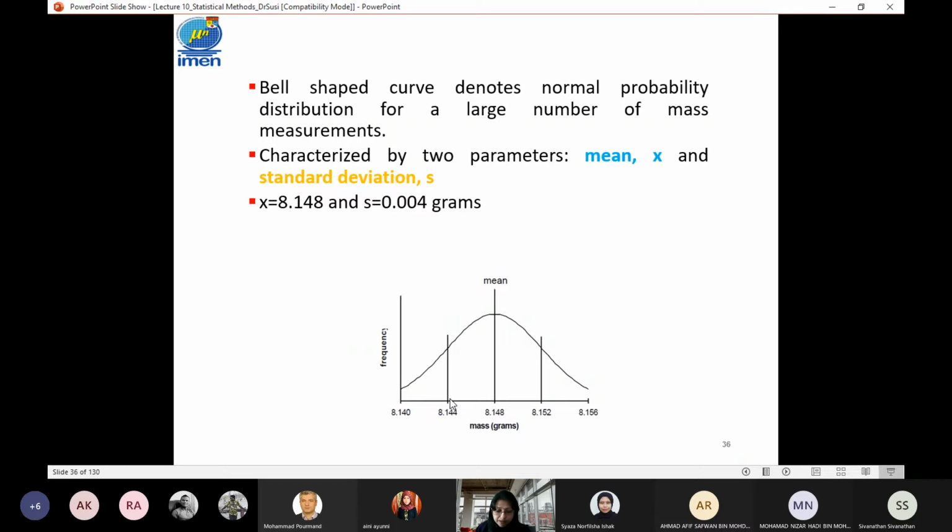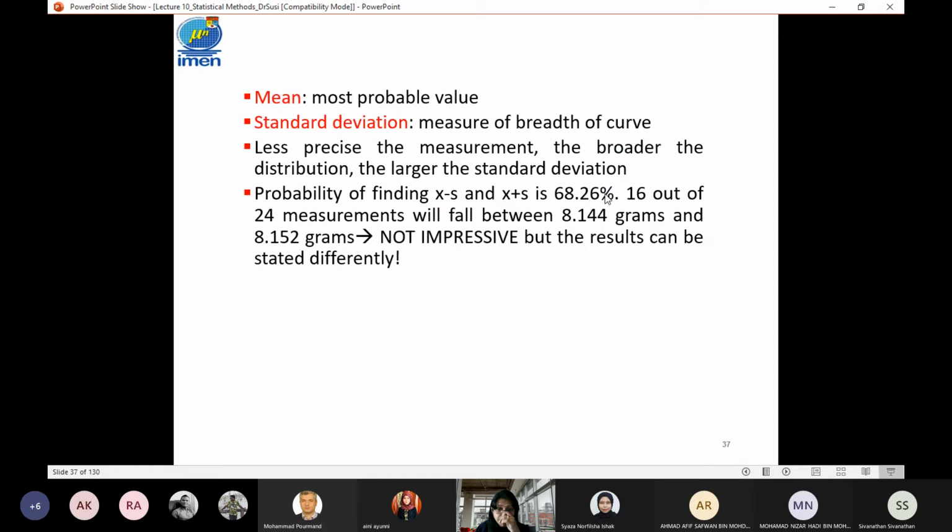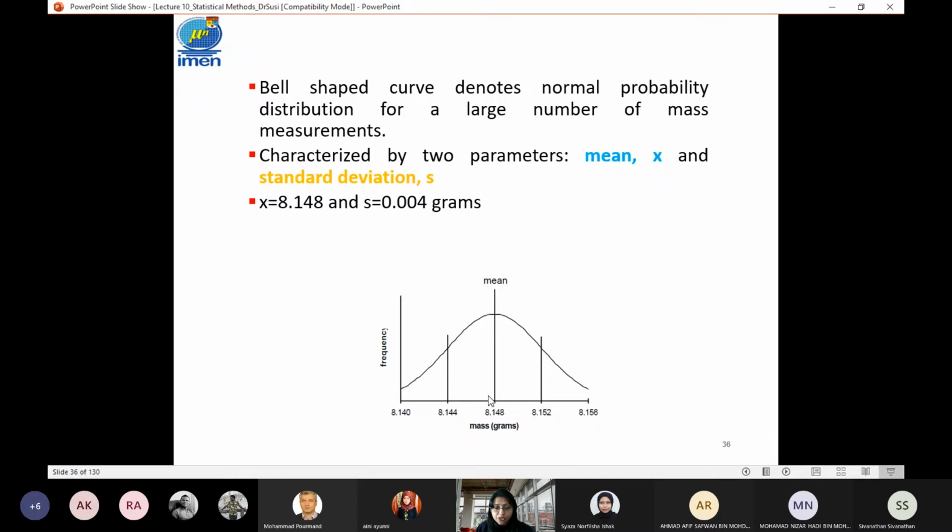The probability is 68.26%, where 16 out of 24 measurements will be between 8.144 grams and 8.152 grams. If you go back here, one s is 0.004, so 8.148 plus 0.004 gives you 8.152.